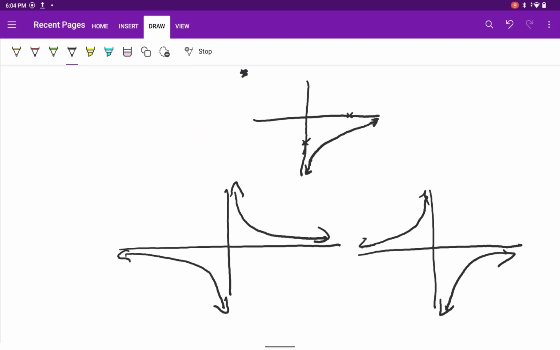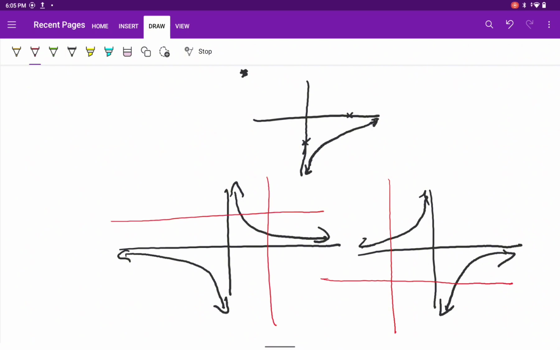Remember, the axes may be anywhere. It doesn't matter where the axes may be, but we are talking about the first and the third of the asymptotes. So we can have the x-axis here and the y-axis here.